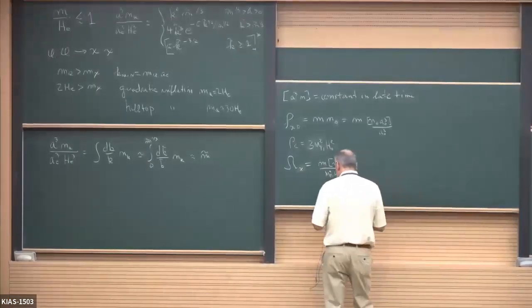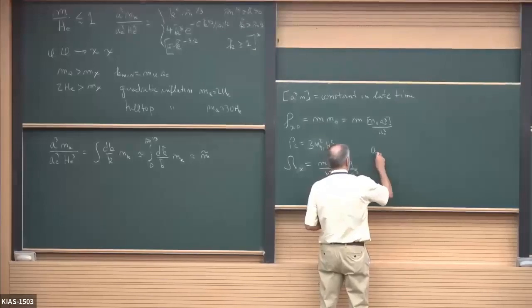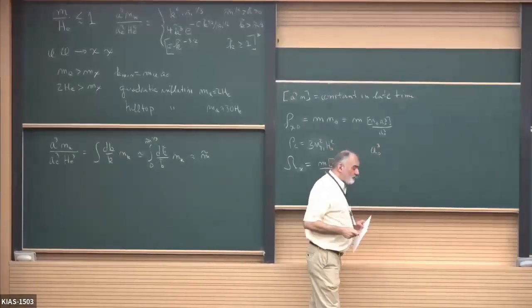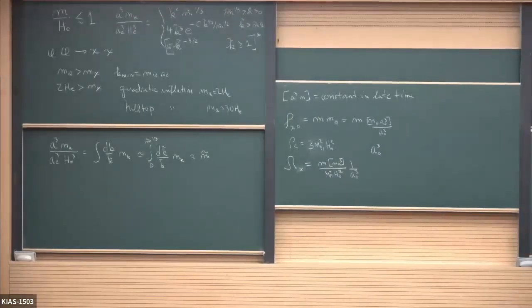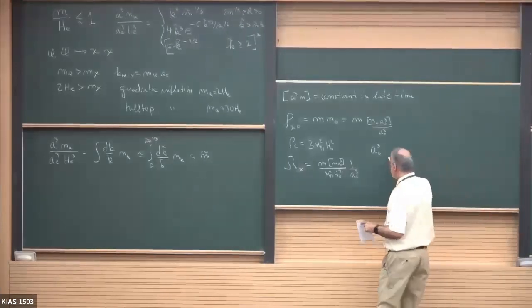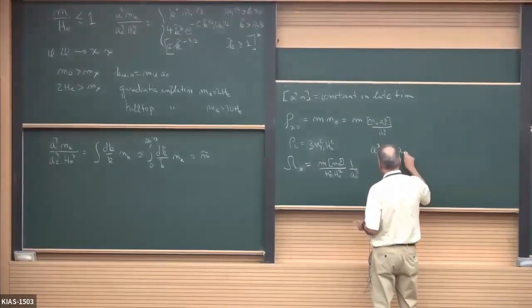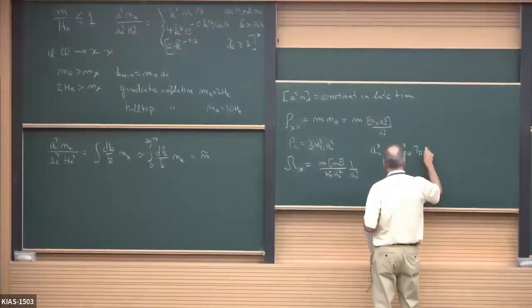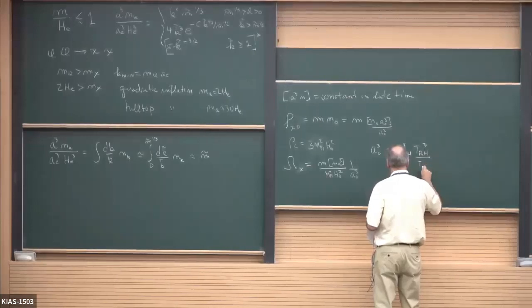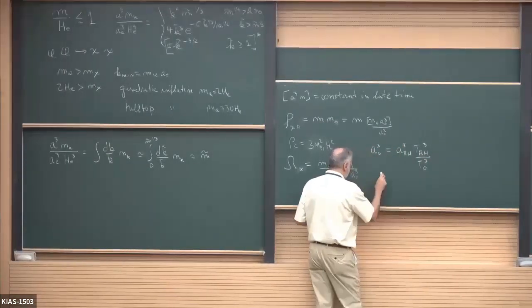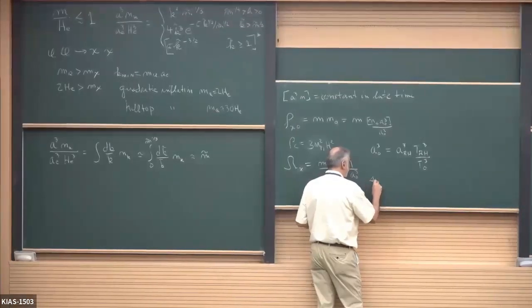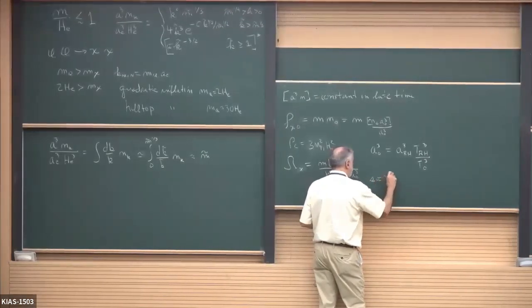Now, what is a0 cubed? Assuming that the entropy, the total entropy, remains constant, a0 after the reheat temperature, the entropy density is proportional to T cubed.